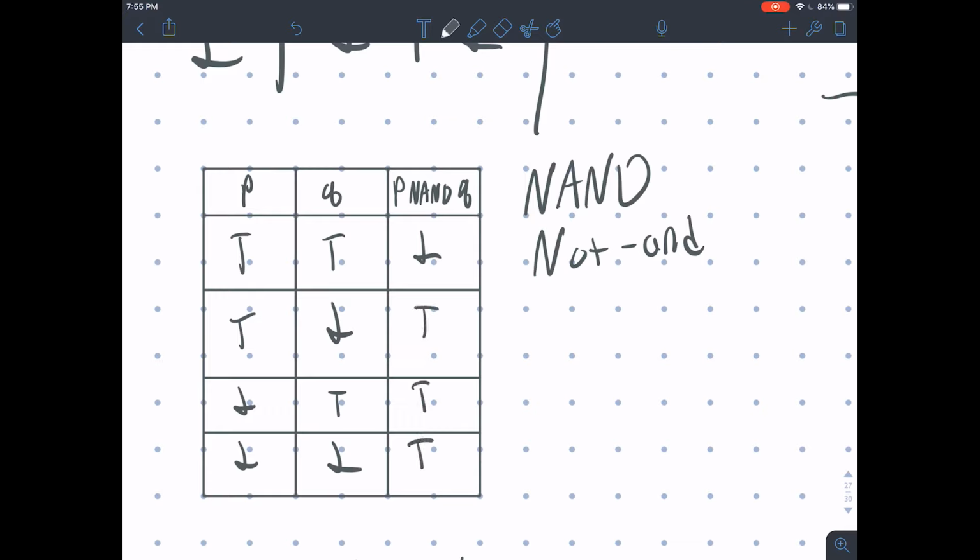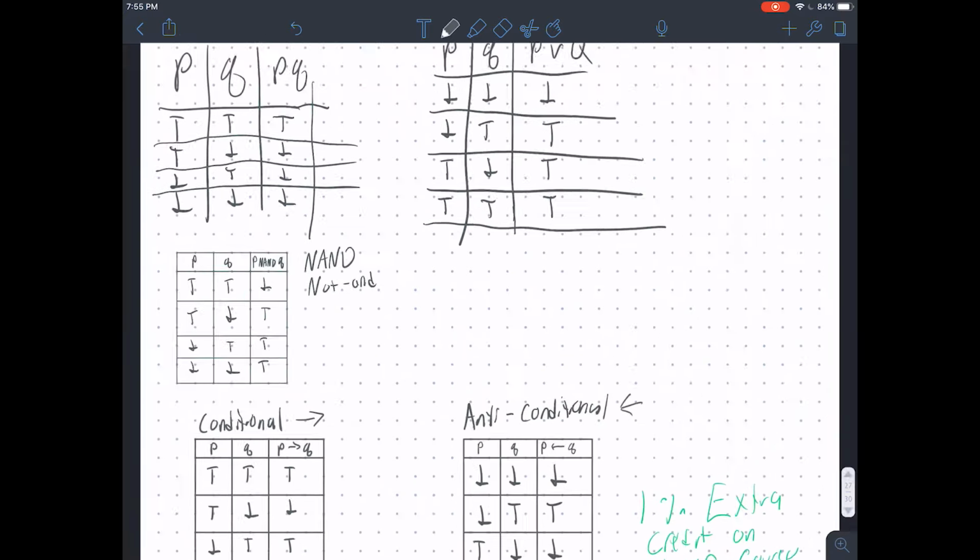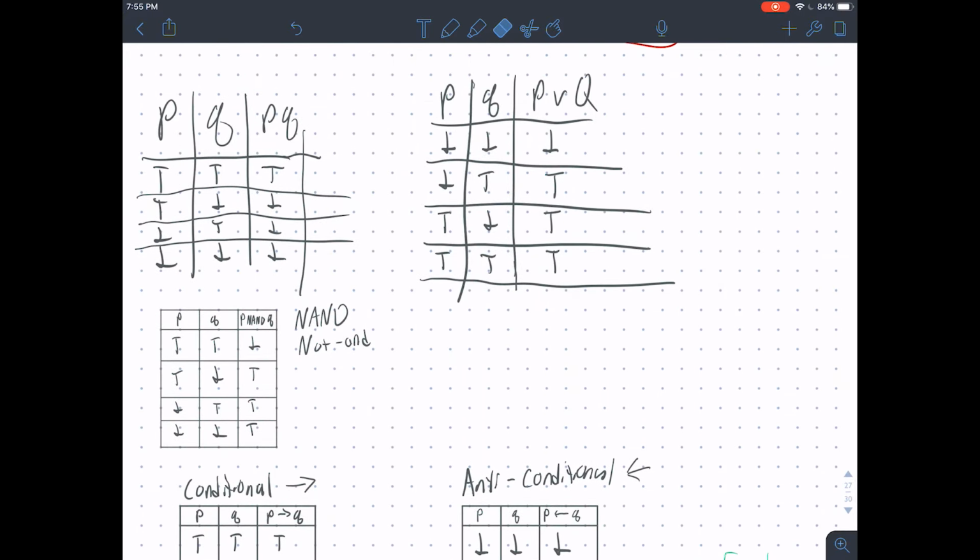And actually, if we really hated ourselves, we could write every single schema in our logical system using only this NAND operator. But we're not going to do that. It's very useful for designing electronics for that reason, but it's really cumbersome.